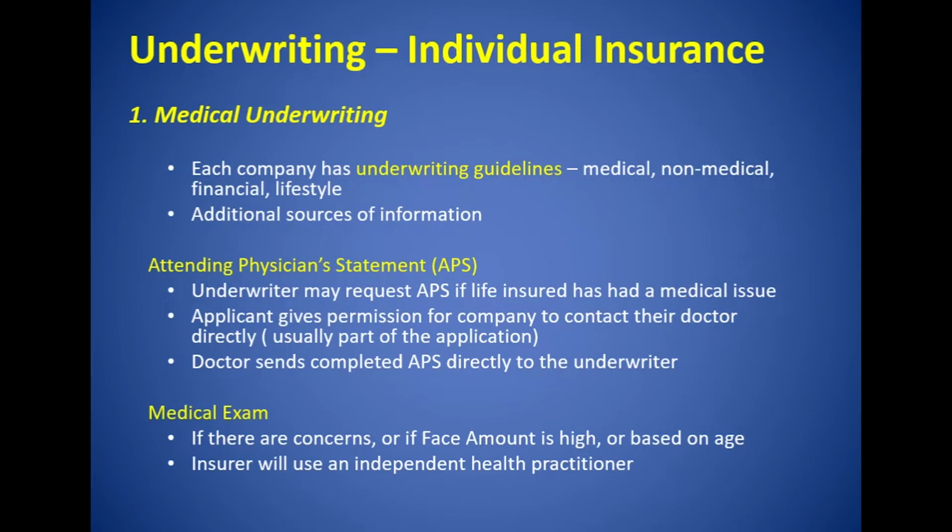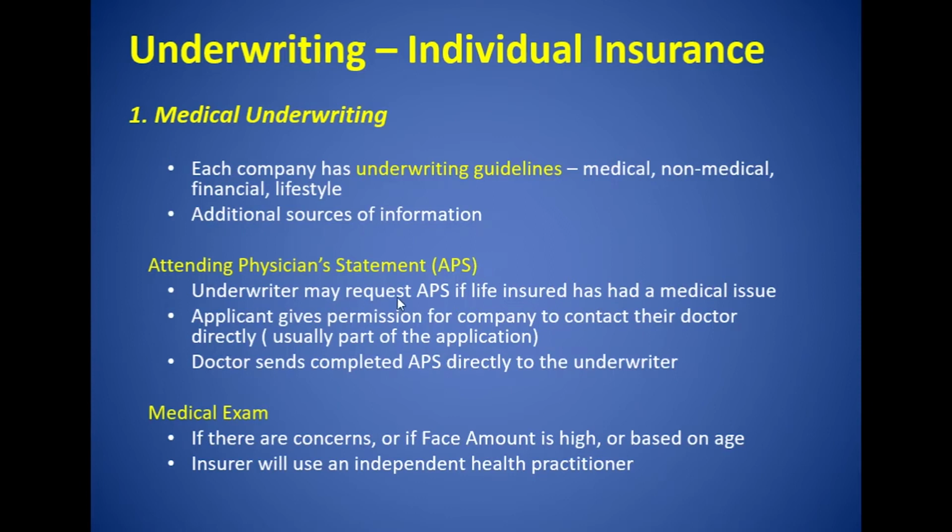They may need some additional information. There are a number of these other sources of information that you should be familiar with, and you should also know what kinds of information come from these different sources. So let's start with the first one, an attending physician statement, an APS for short.